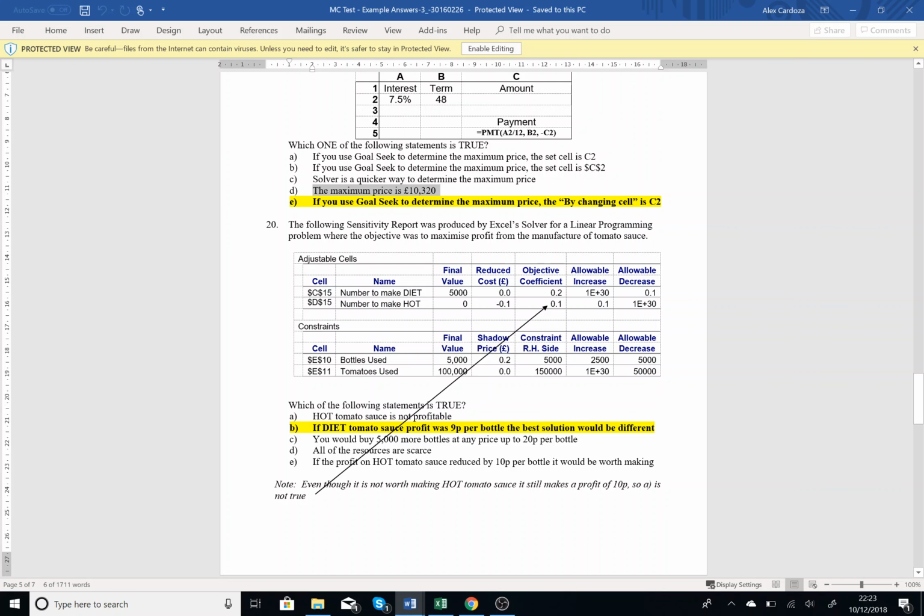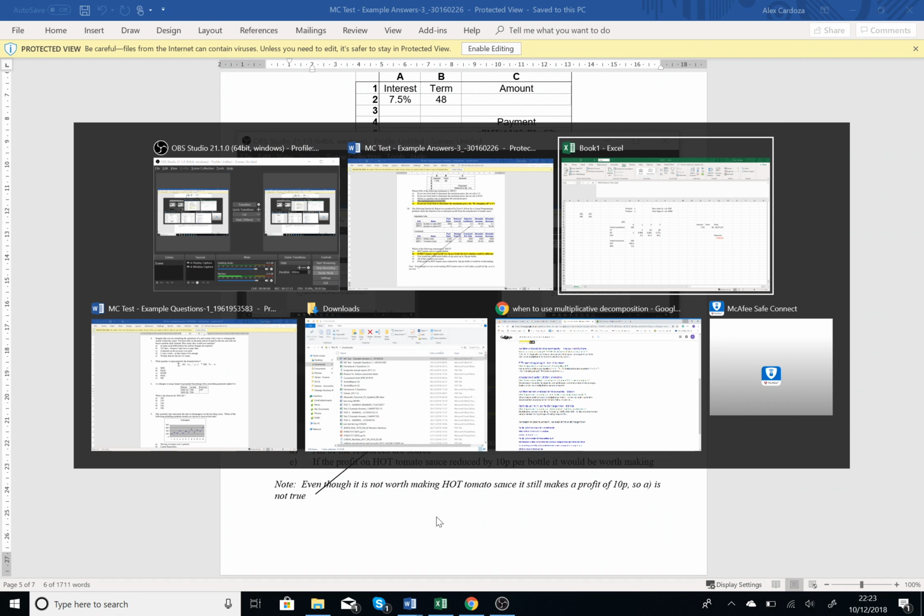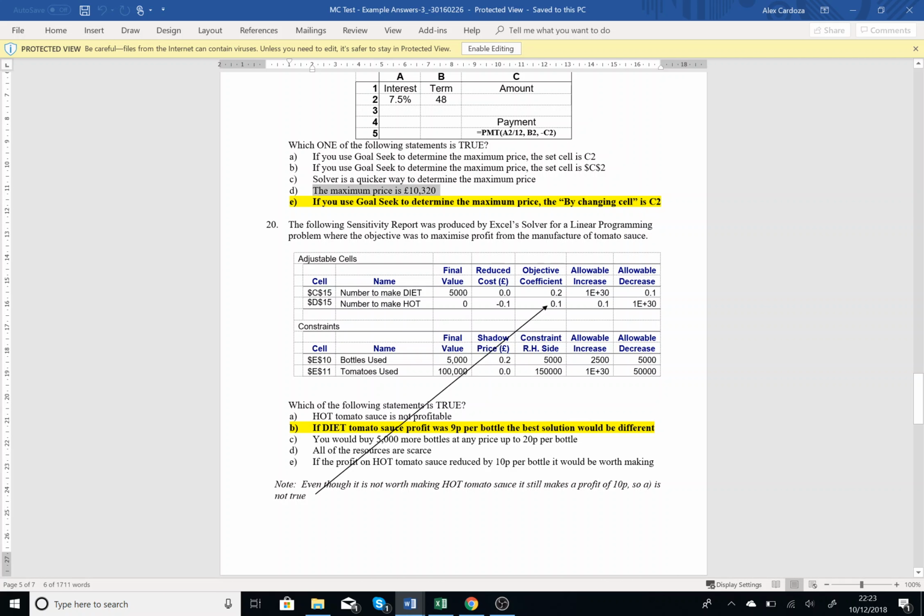So this one is a sensitivity report. This tells you all the different aspects of the limiting factors that you have analyzed.